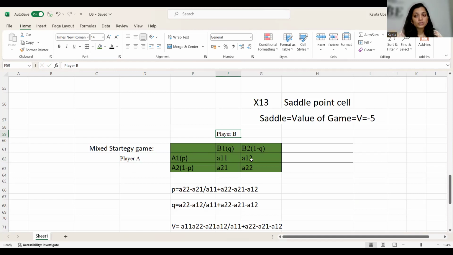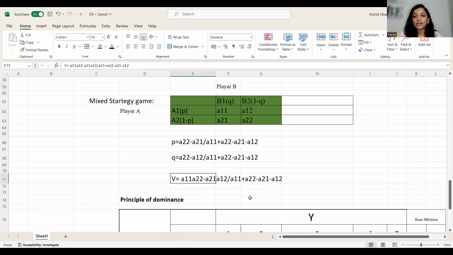We need to reduce rows and columns, and how we reduce them I'm going to tell you. On a 2 by 2 matrix, we can apply a formula based on the probabilities P, Q, 1 minus P and 1 minus Q, and on that basis we can find the value of the game.